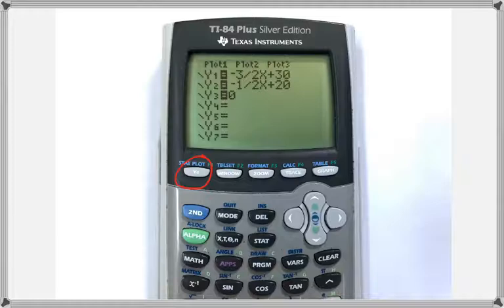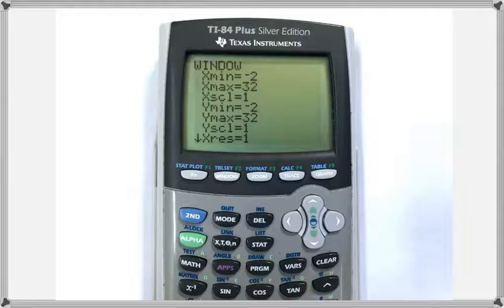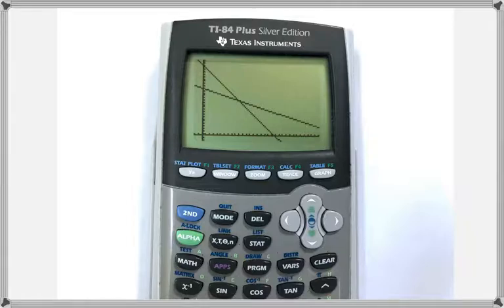And I want to set my window, and I know that one of my lines crosses up here at 30. So a good window would be a little bit more than that. So I'm going to make my x max and my y max both 32. And then press graph, and this is what my graph looks like.